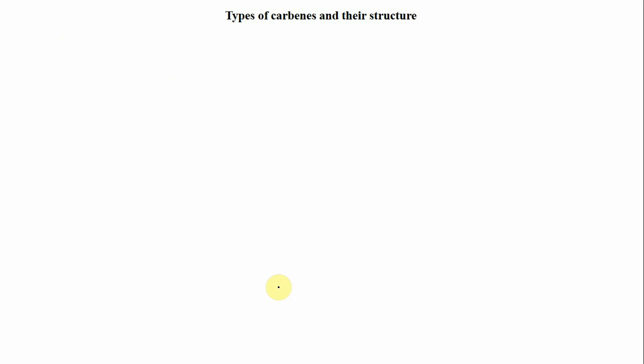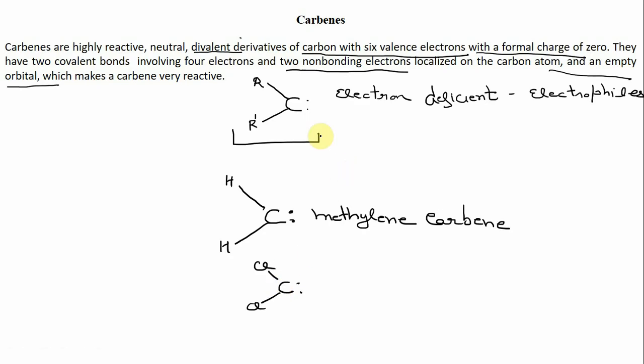Now we can divide these carbenes into 2 categories depending upon this pair of electrons. Since there is a pair of electrons present over this carbon, there are 2 possibilities. These 2 electrons may be present with anti-parallel spin or with parallel spin.